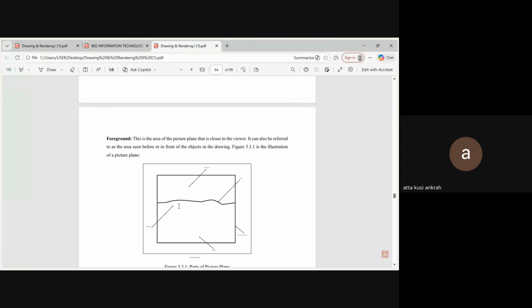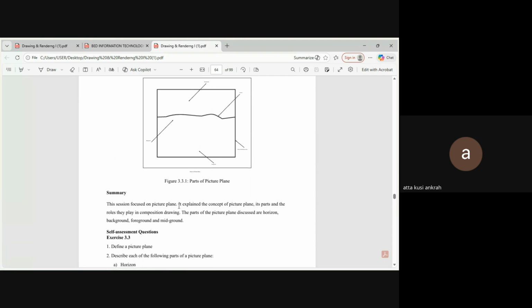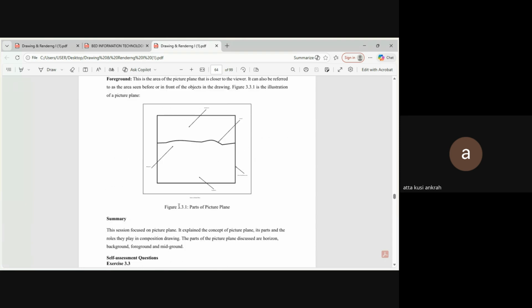It can also be referred to as the area seen before or in front of the object in the drawing. Unfortunately, the image over here is very faint, so I'm going to give you something before I show you the actual image, so that you can really see the labeling very well.